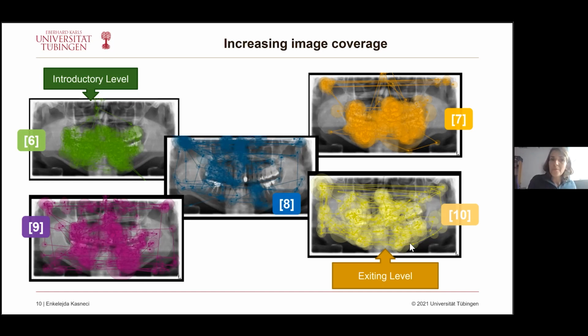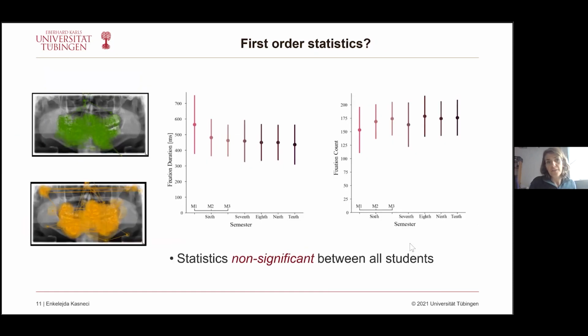So one problem that we had while analyzing those images is that if we look at the first order statistics, just quantitative measurements, fixations, saccades, typical viewing properties, you won't find any significant differences between those groups.